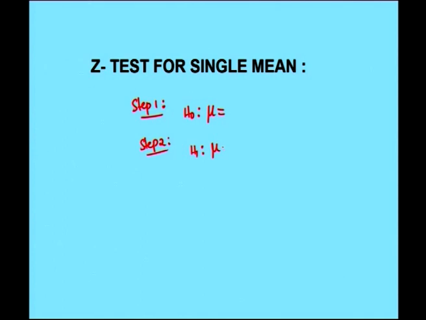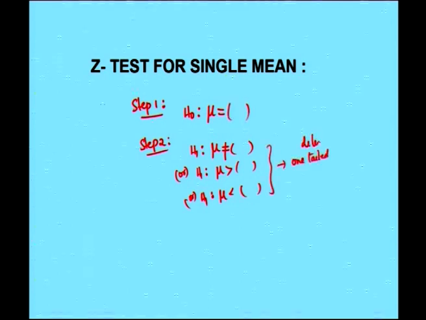As discussed earlier, you have to set up H1 as mu not equal to a value, or mu greater than a particular value, or mu less than a particular value. Determine whether it is a one-tailed or two-tailed test.